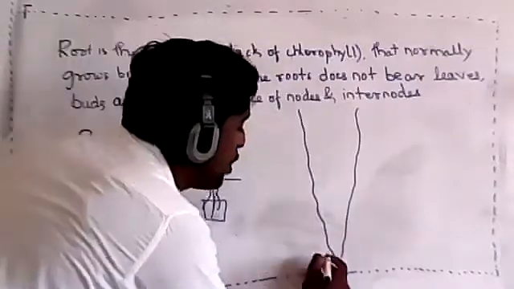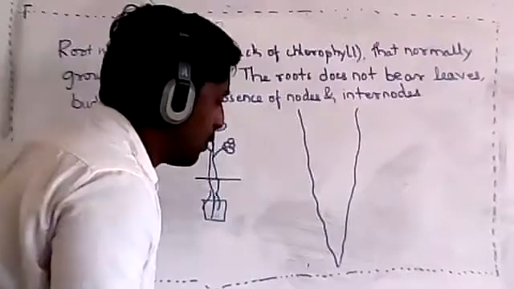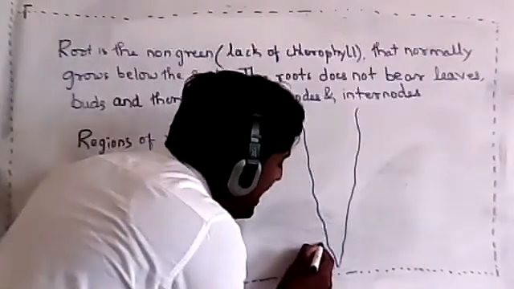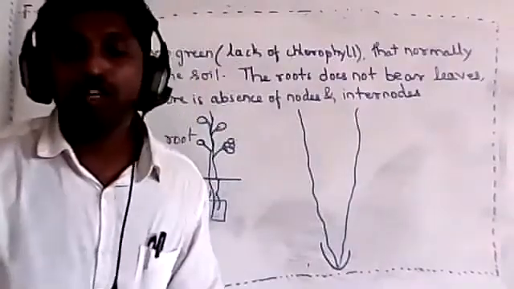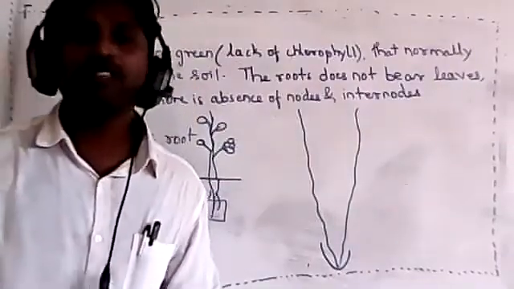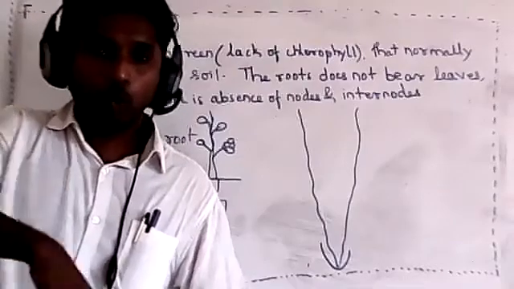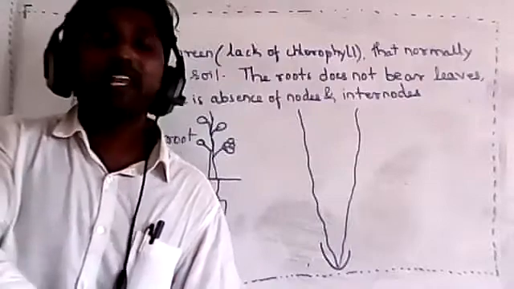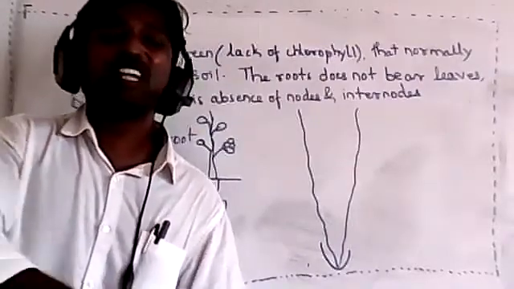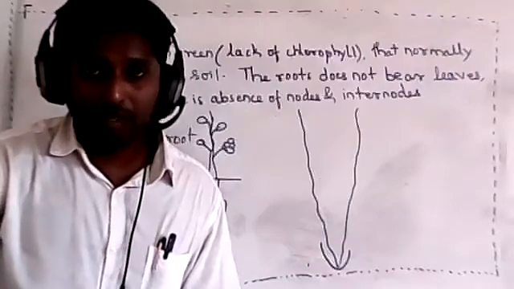So this root tip is being protected by a sheath. Sheath, like a sword is kept in an external cover to protect it, that is called a sheath.